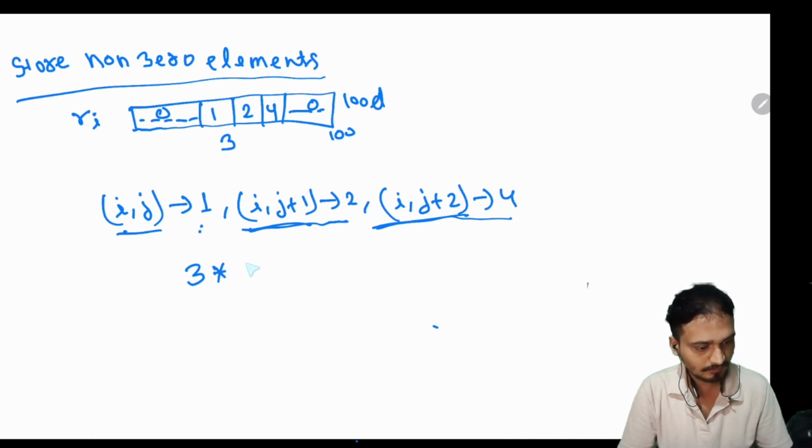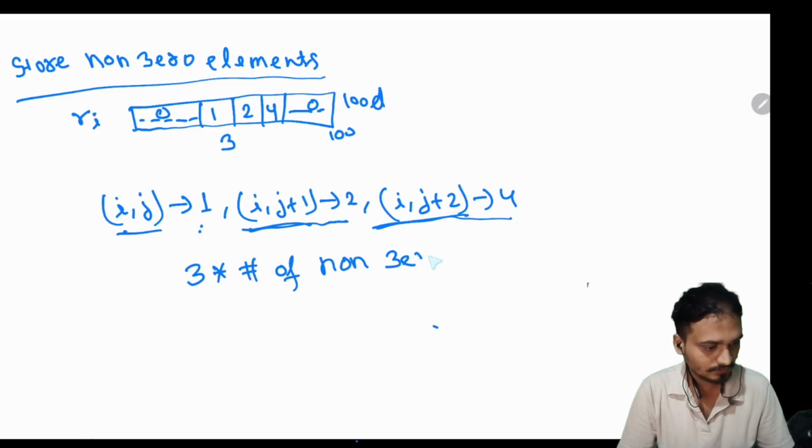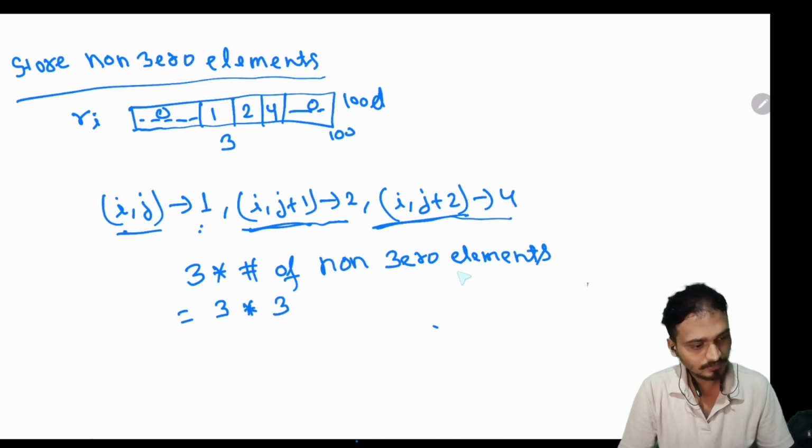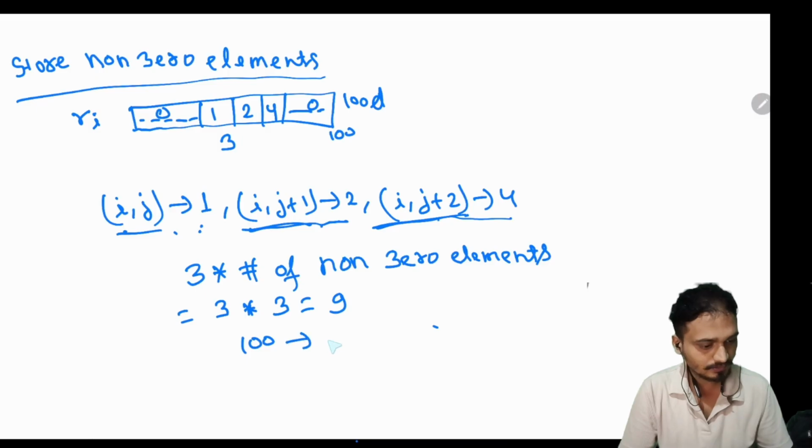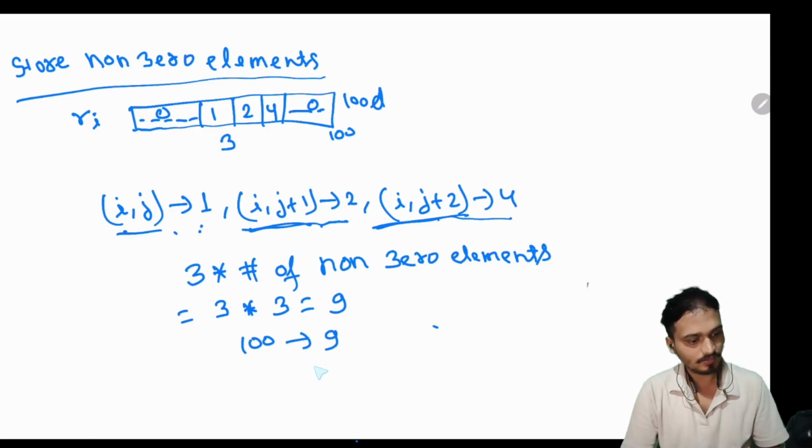So the total is 3 into 3, since the non-zero elements are 1, 2, 3, which is 9. So from 100 we reduced to 9 only.